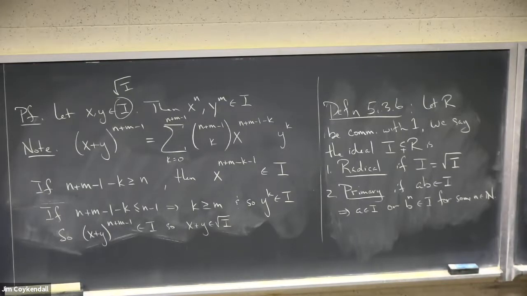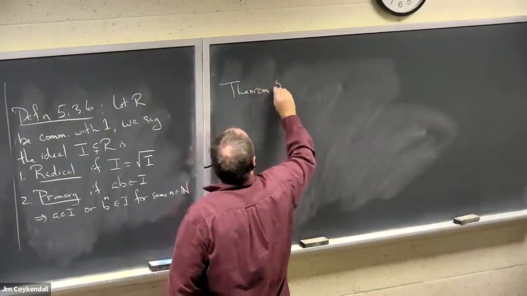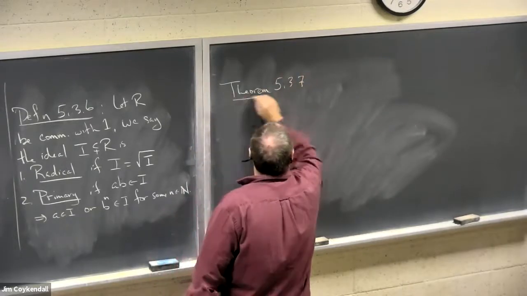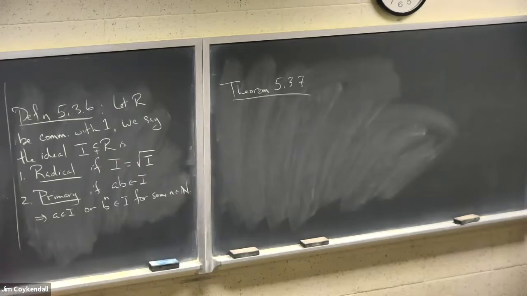So here is one of the reasons why we care about these types of ideals. And I'm not going to prove all of this, but I'll prove some of it. I think if I prove one or two of these, we'll get the gist of it.